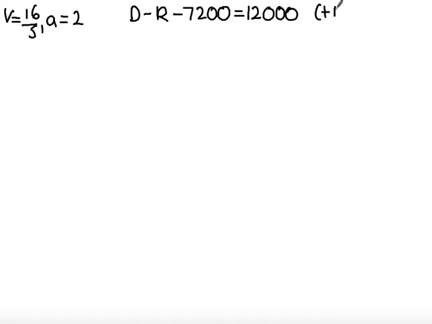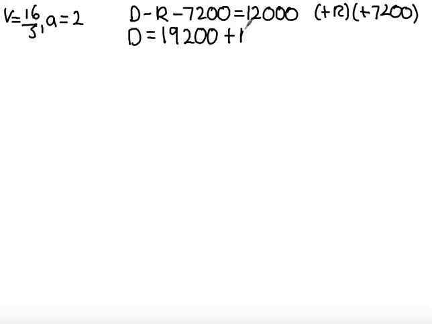Again, I want to add R to both sides, and I'm going to add 7,200 to both sides. So I get D is equal to 19,200 plus R.